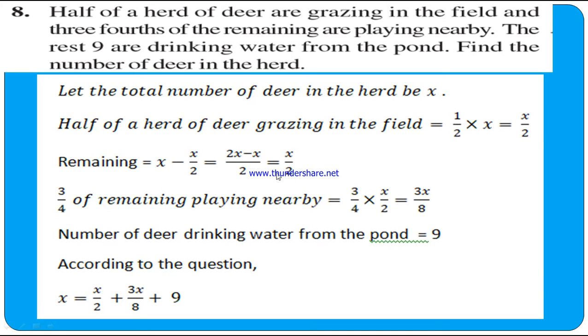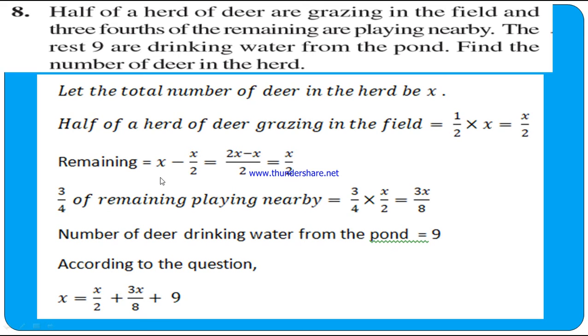Then the remaining, and three-fourths of the remaining. First let's find the remaining. Total number of deer is x, and half of the deer are grazing in the field. So if you take away the grazing ones from the total, you get the remaining. So x minus x by 2. The hidden denominator is 1, so x by 1.